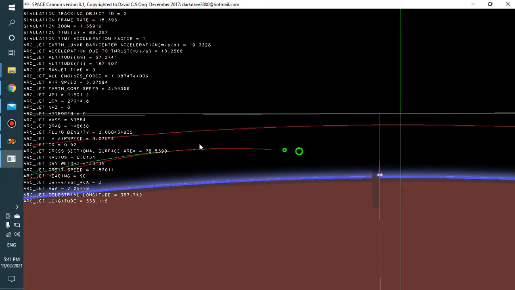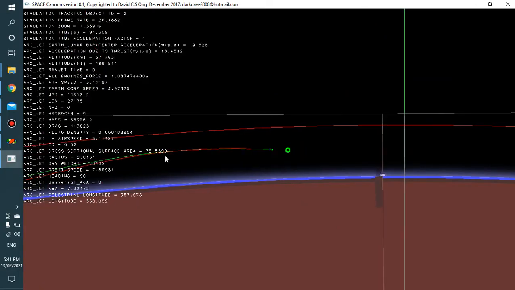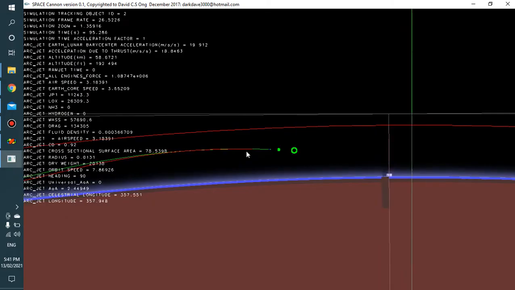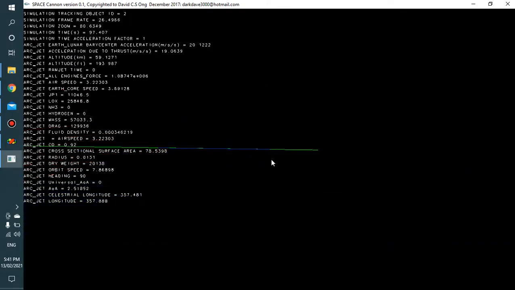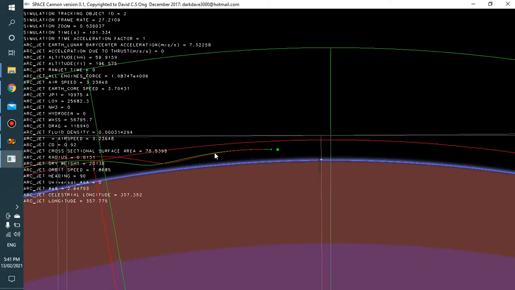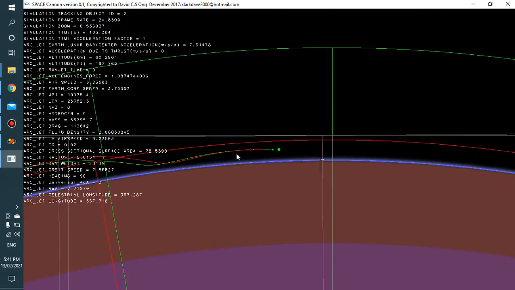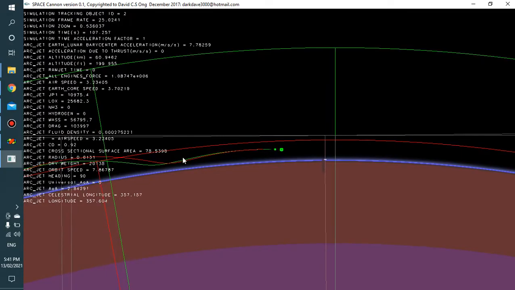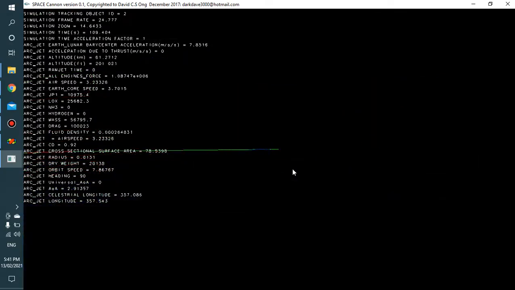Now these two lines, the red line and the green line, are our trajectory. So if I was to switch off our engines right now, this aircraft will follow the trajectory like a non-powered ballistic object, but we need to keep our rockets on.